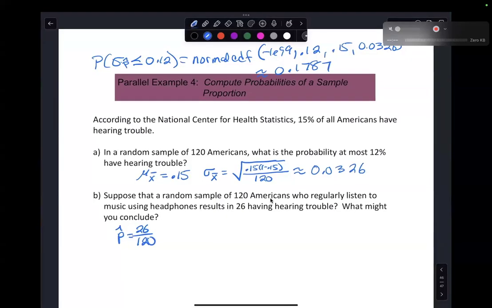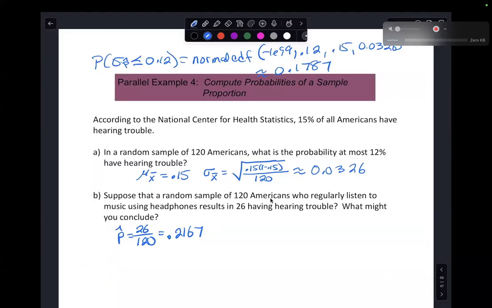So my p hat is 0.2167. Since my p hat is greater than my population proportion, I'm going to do greater than or equal to. If my p hat was less than my population proportion, I would do less than.